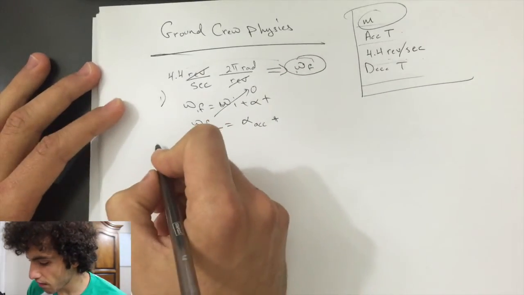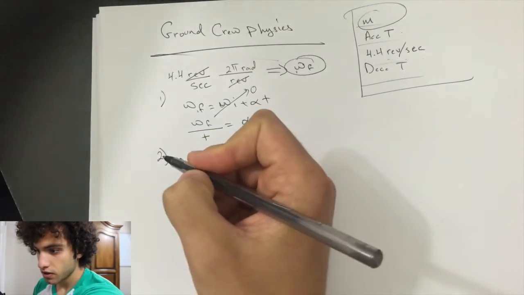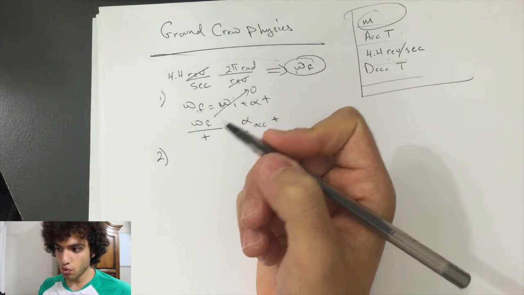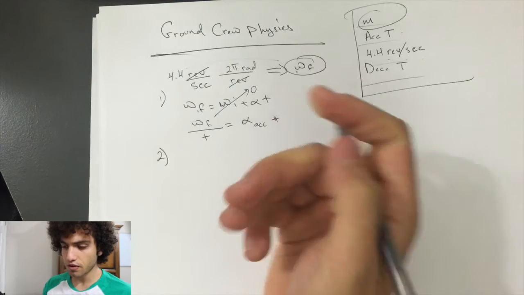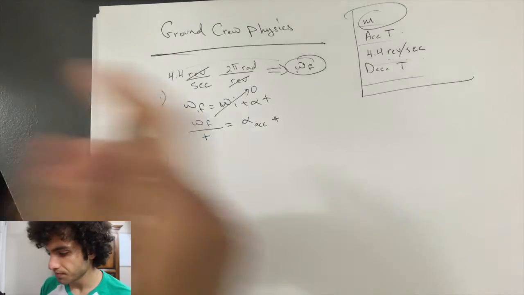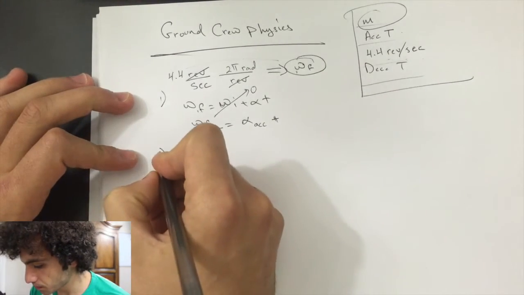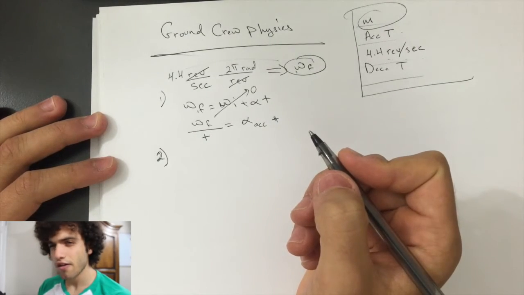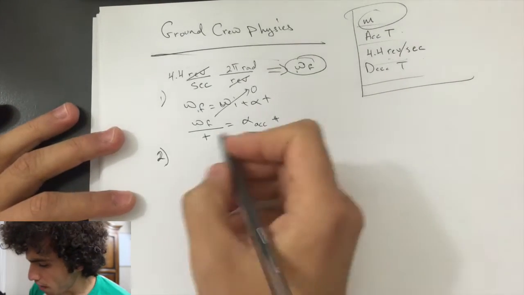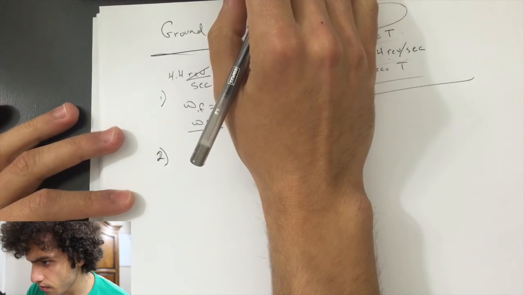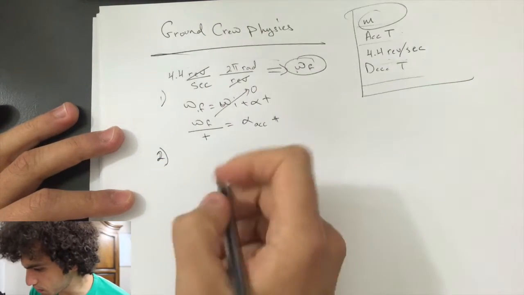So we do the same thing for the second question. Determine the average angular acceleration during the spin down. So now it's decelerating, so it's reducing in angular speed. Yeah, we're talking about decelerating.